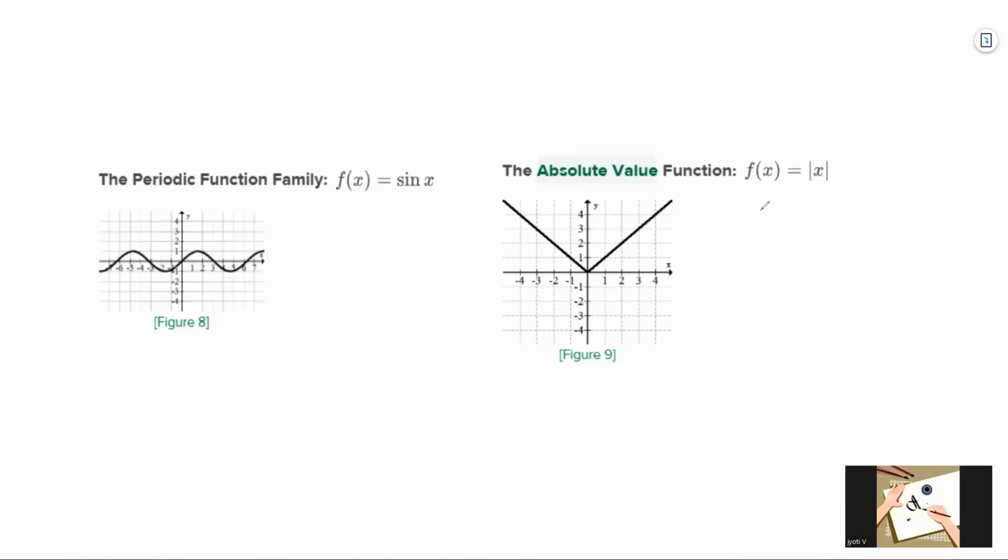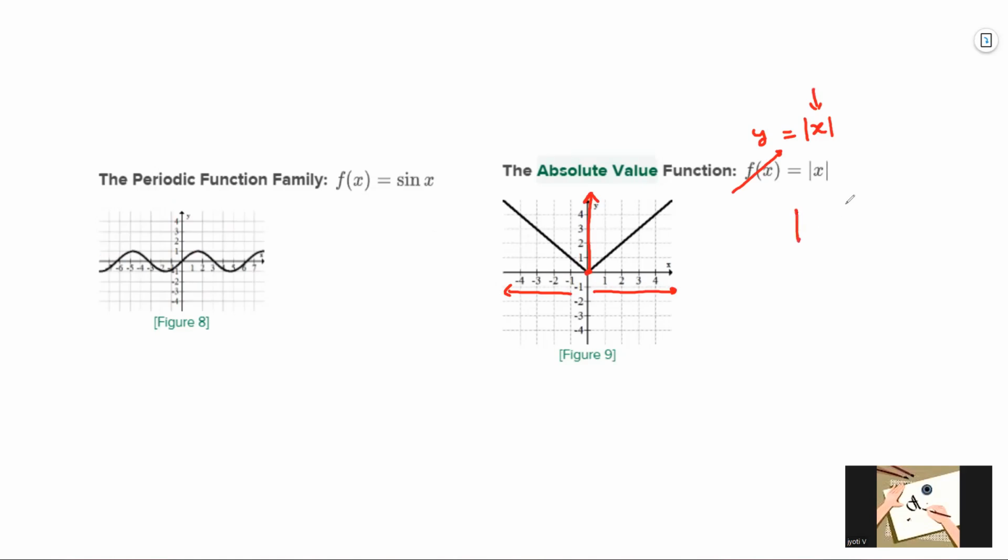Absolute value function. The absolute value function is f(x), if we take it as y, and that is the modulus of x. So in place of x, you can take positive values, 0, or negative values. But whatever, y is going to be a positive number. Why?